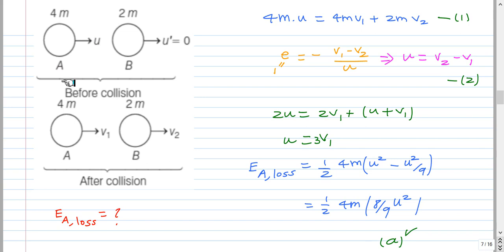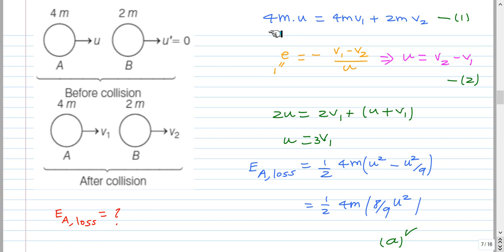Initially the mass A, which is 4m, is moving with velocity u, and the body B of mass 2m is at rest. After collision, let the velocities be v1 and v2. To find the energy of A that is being lost, we can apply conservation of momentum. It's a 1D problem.